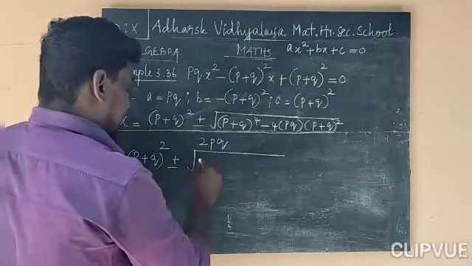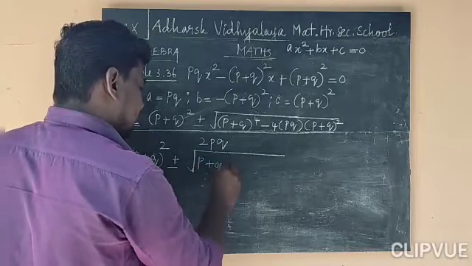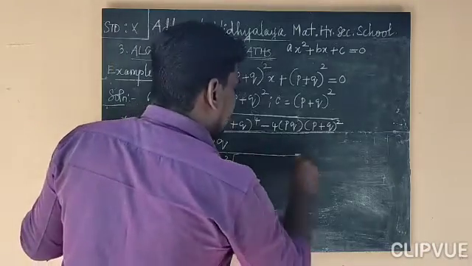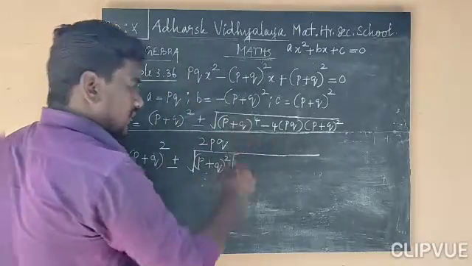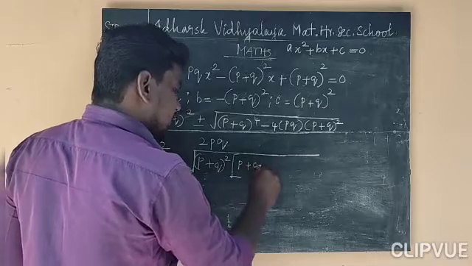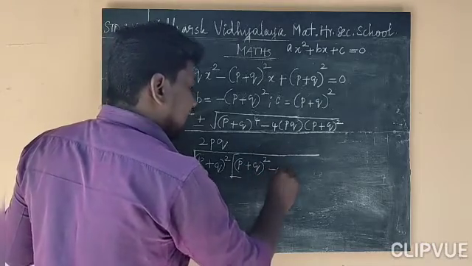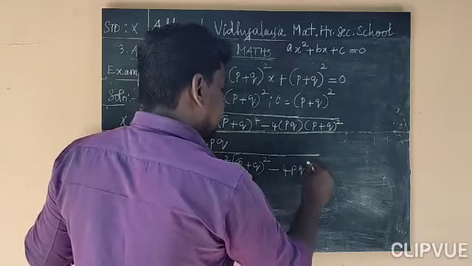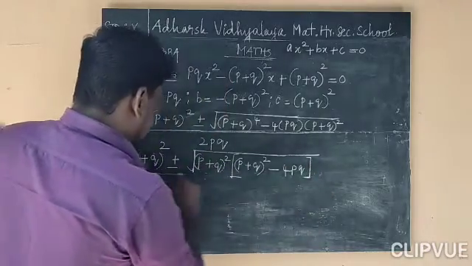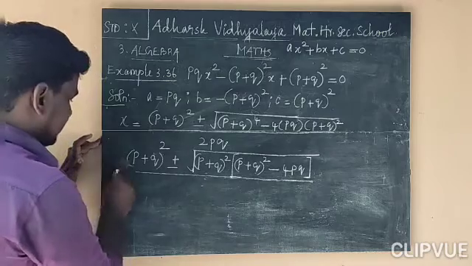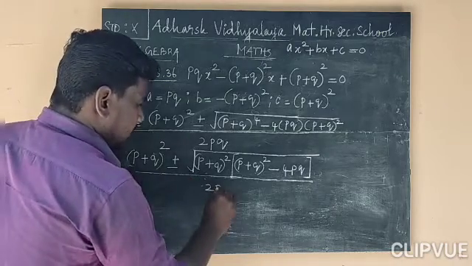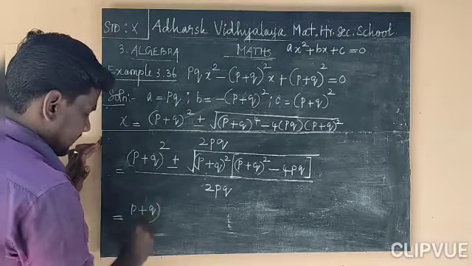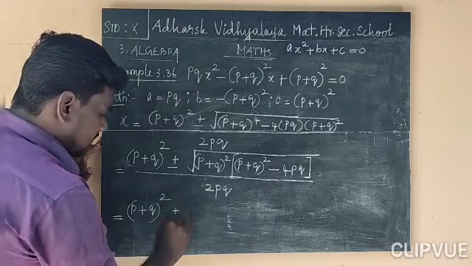So if you take that out, you will have remaining p plus q whole square, p plus q whole square minus, already we took this out, so minus 4 pq whole divided by 2 pq.